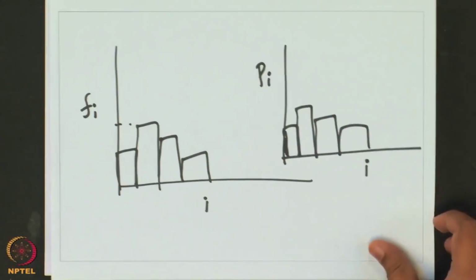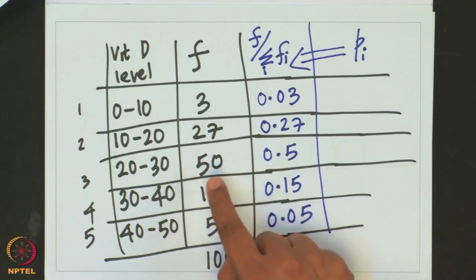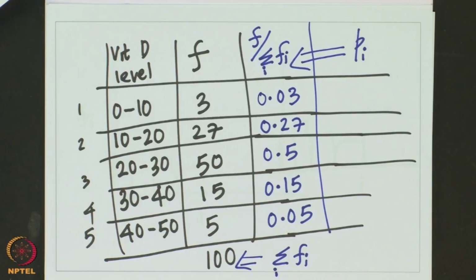But it is very important to do this normalization, because let us come to this and think about how many people have vitamin D level between 20 to 30, and the answer here is 50.